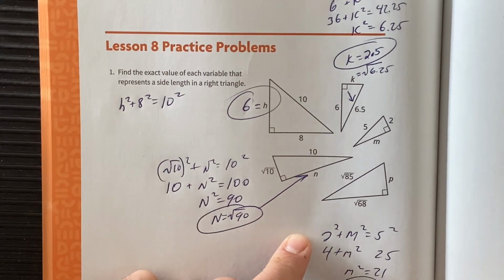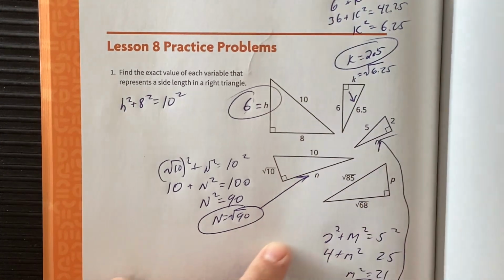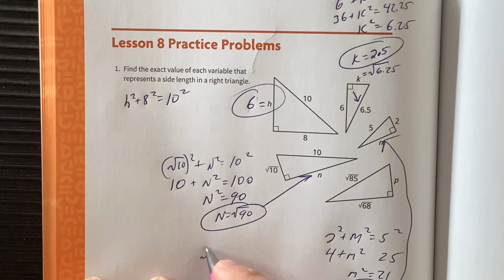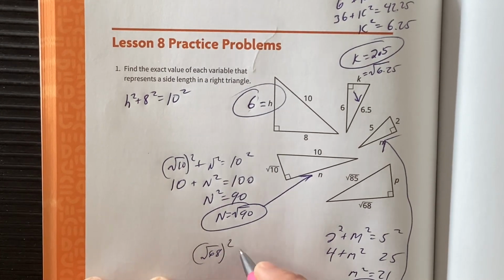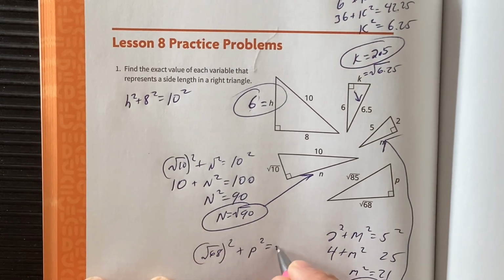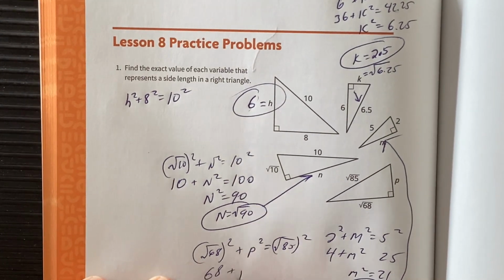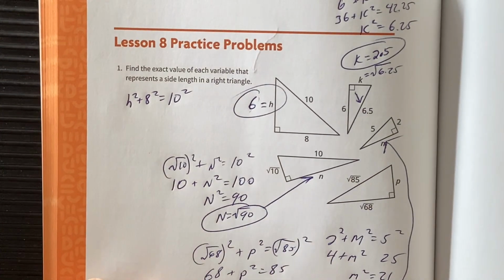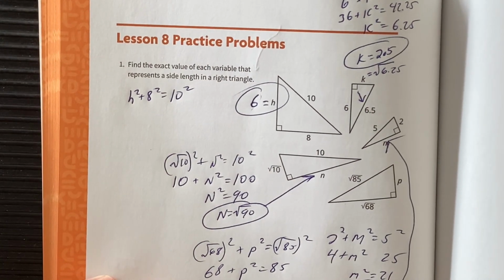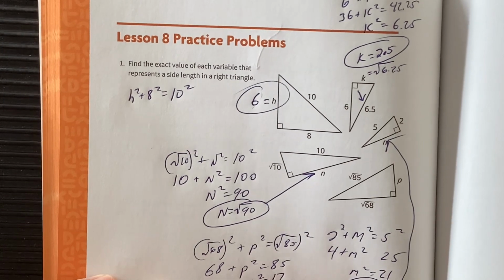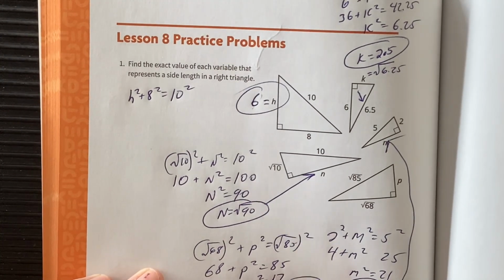So square root of 21 is m. And the last one, square root of 68 plus p squared equals the square root of 85 squared. 85 minus 68, 17. So p is the square root of 17.